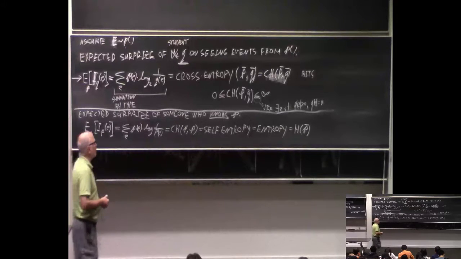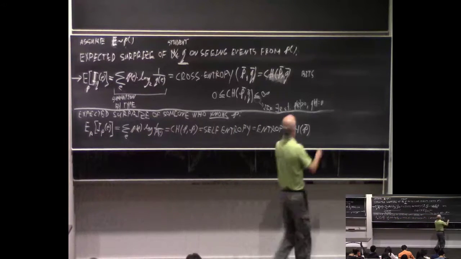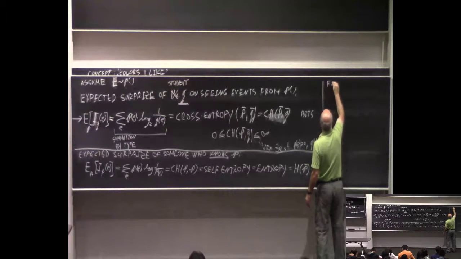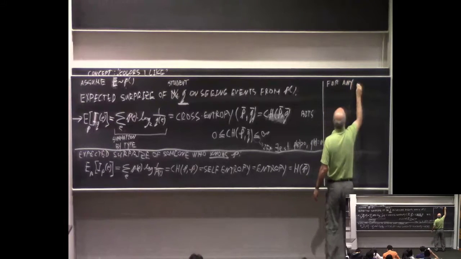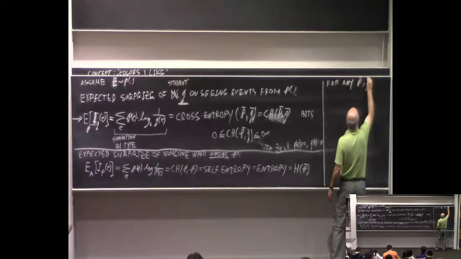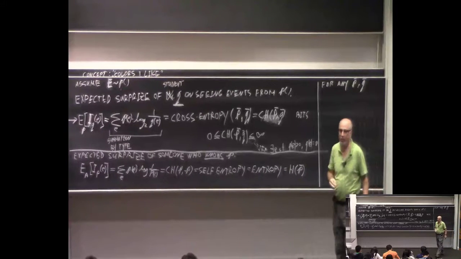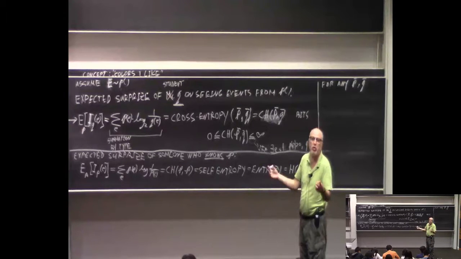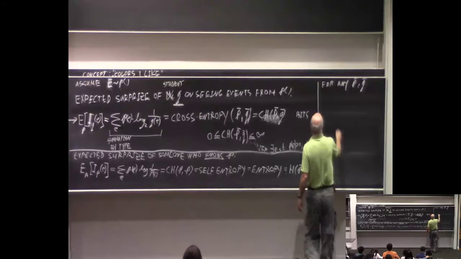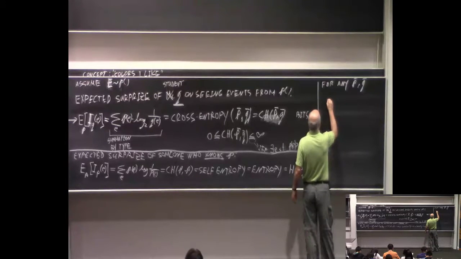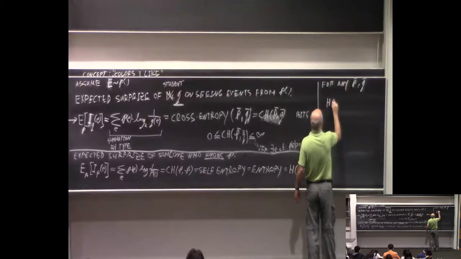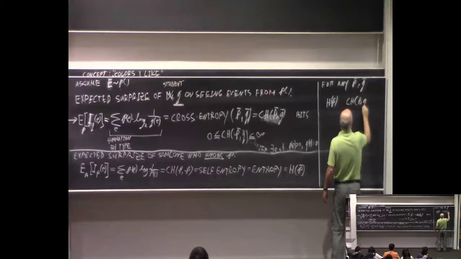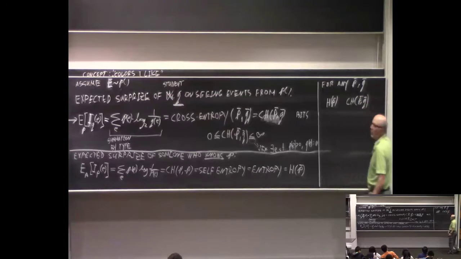Now let me give you a fundamental inequality. For any distribution P and distribution Q over any space, given a space, for any distribution P over it and any two distributions over it, if you compare the true entropy with the cross entropy, what could you say?